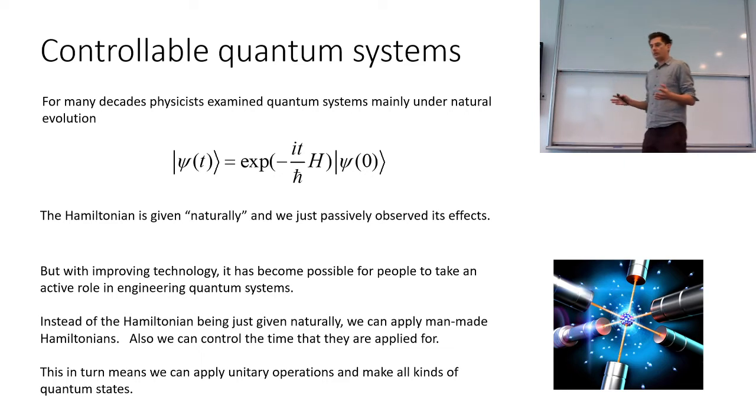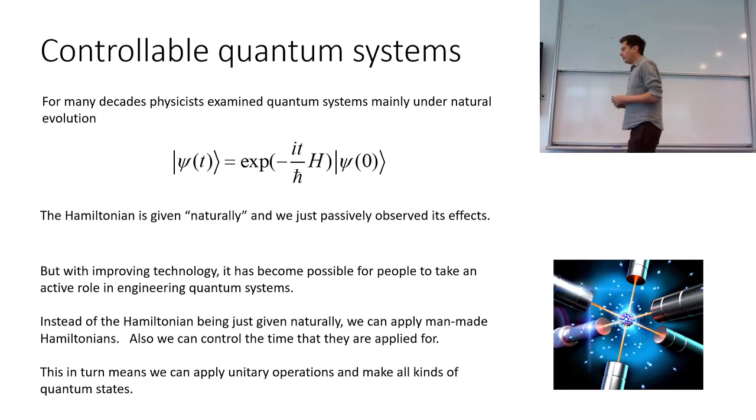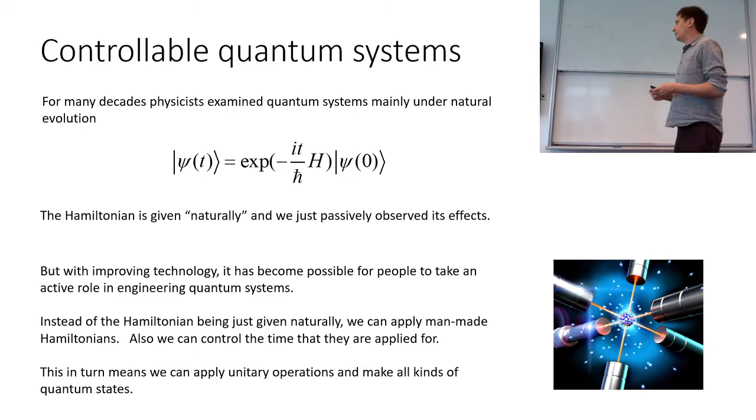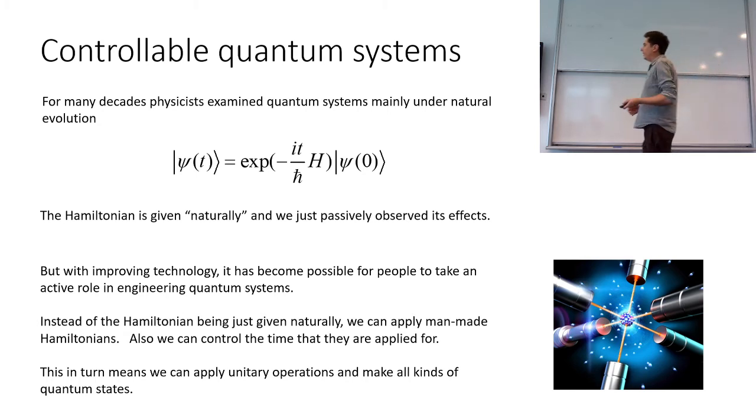nature, in terms of quantum mechanics, is Schrodinger's equation. But previously, until fairly recently, this was considered not really a controllable thing. It's something that's given to you by nature.